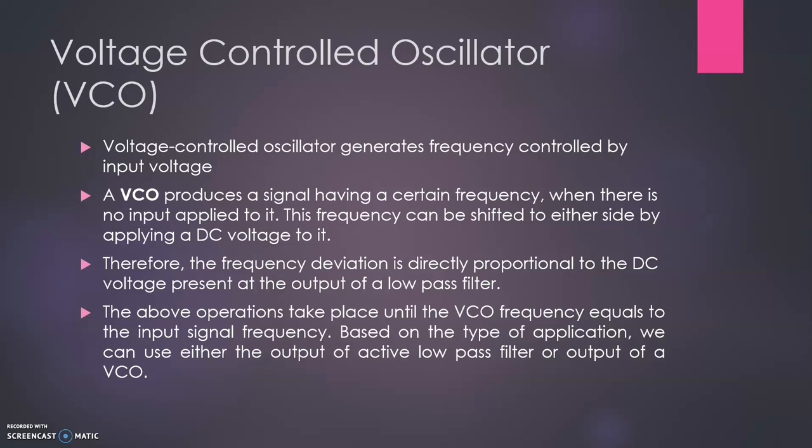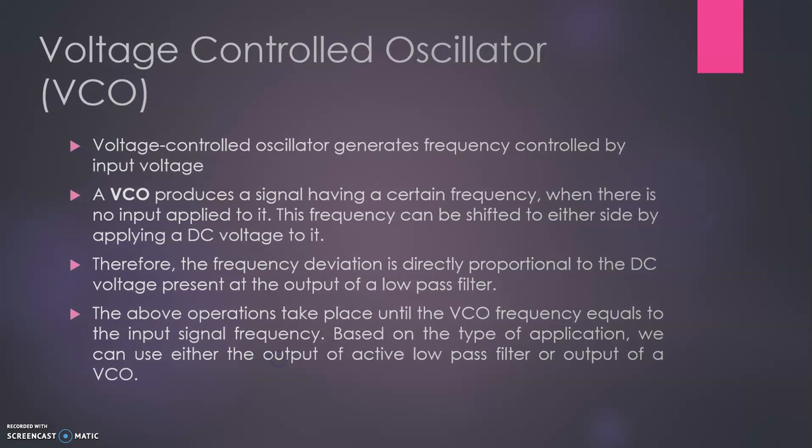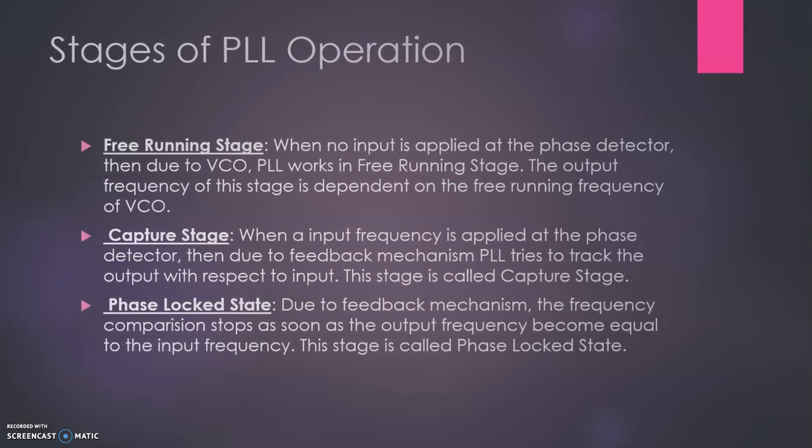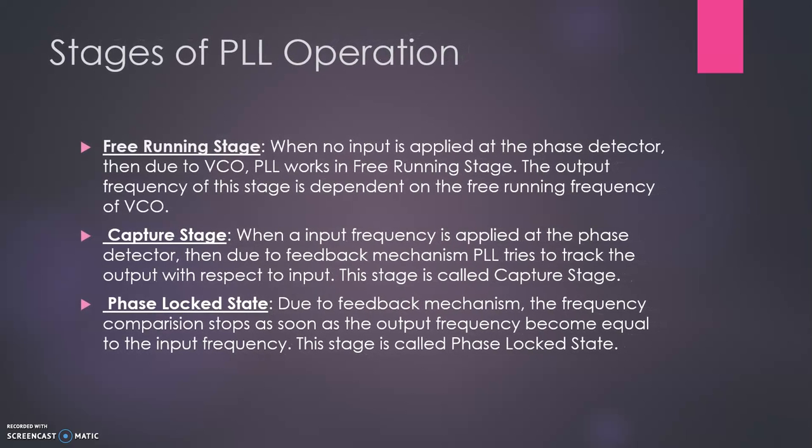During this adjustment, the PLL goes through three stages. The three stages of PLL operation include free running stage, capture stage, and phase lock stage. Initially, the PLL operates in free running stage when no input is applied to it.